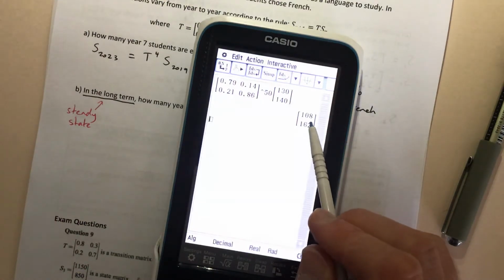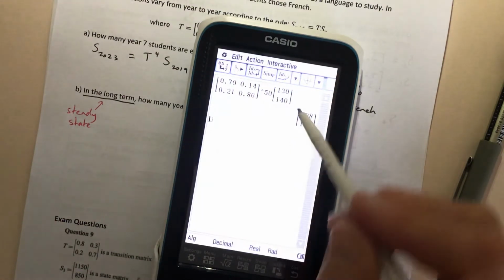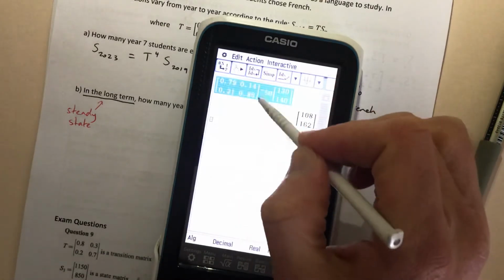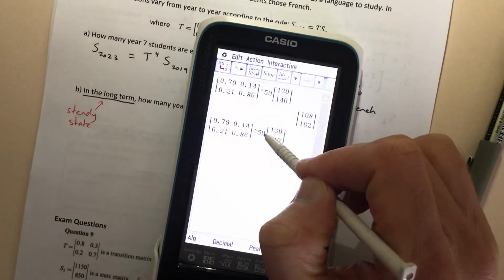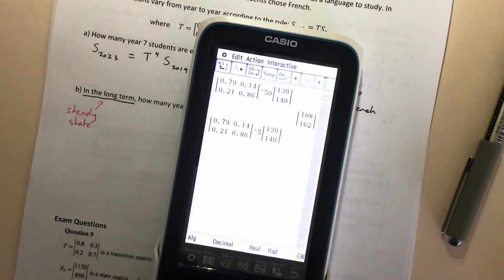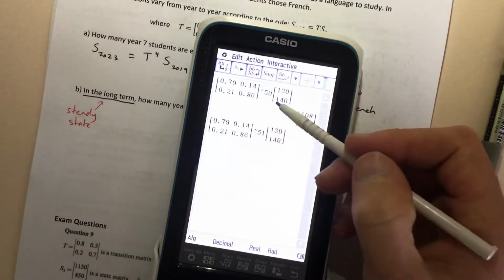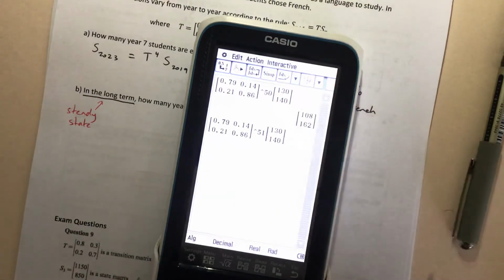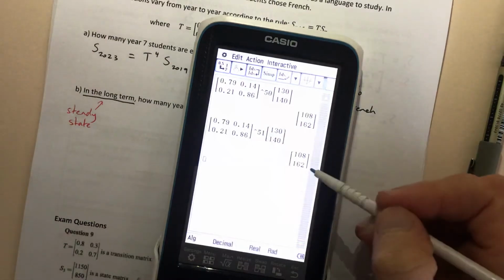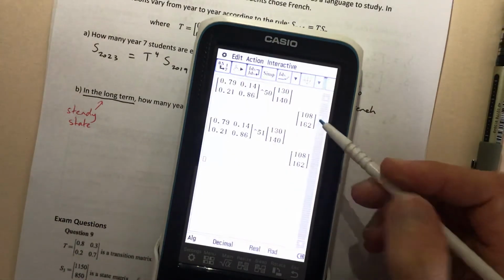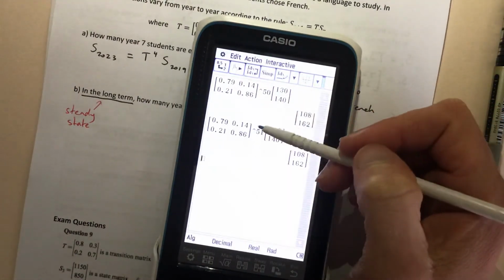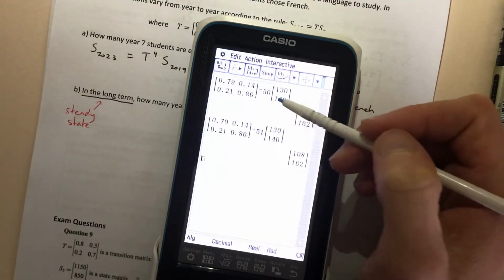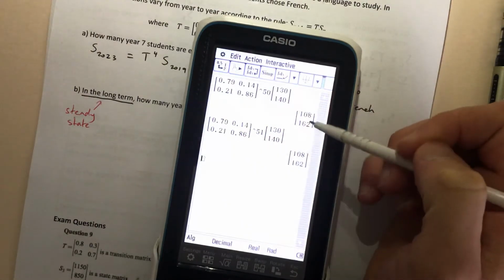That's given me 108 and 162 exactly. To confirm that I've hopefully got the steady state, what I want to calculate is the next number after that. They have to be in a row and hopefully show the same thing. And we've got it. It maybe didn't take 50 years, but just to be sure, we went 50 years into the future and we've shown that these numbers have settled.